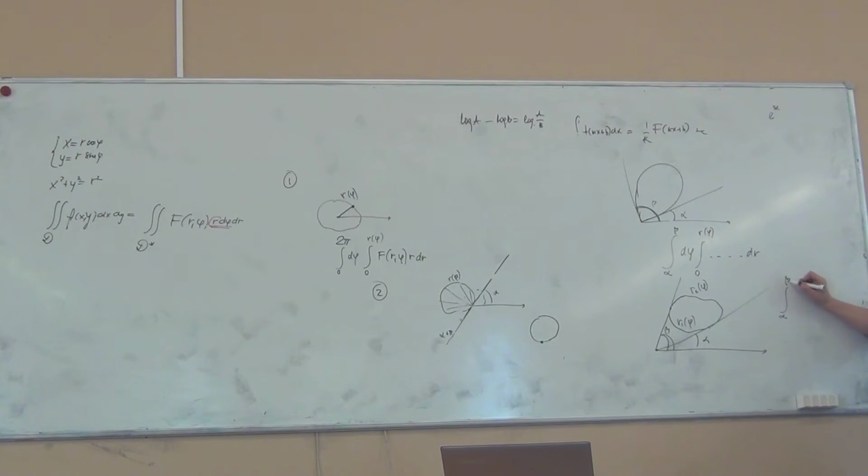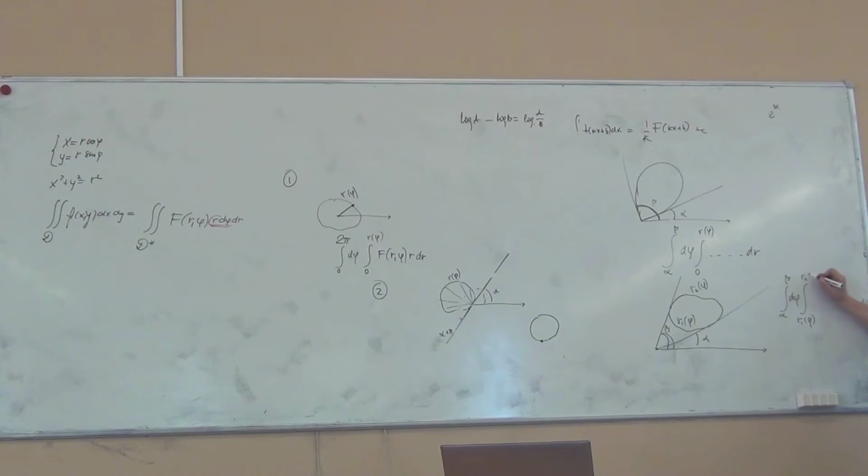So d phi, and this will go from R1 expressed in terms of phi, of course, to R2 expressed in terms of phi. The function, mechanically, without thinking, because I'm simply writing this formally. Of course, it depends on your function, whatever you have in there.